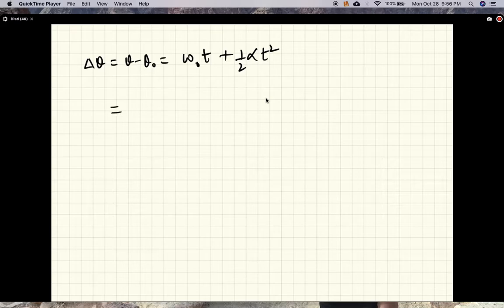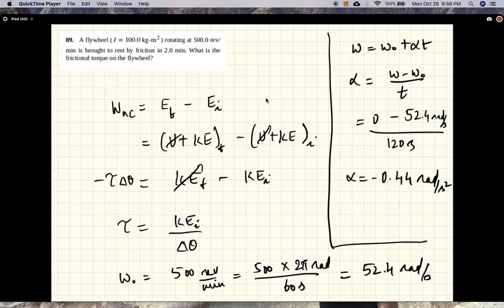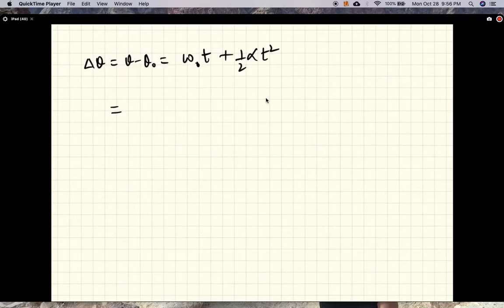Omega naught, the initial angular velocity, is 52.4 radians per second.